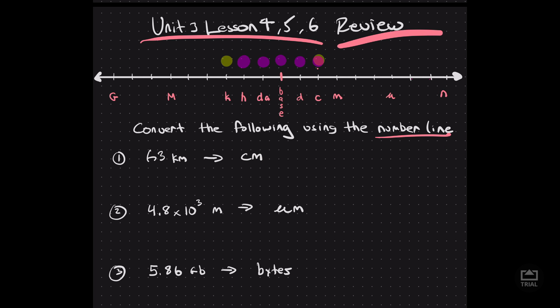So if we're making 5 jumps, what we're going to do is start off with our number, which is 63, recognize where the decimal place is right at the end of it, and we're going to make 5 jumps. 1, 2, 3, 4, 5. So basically that decimal right there is going to move down to that position right there.